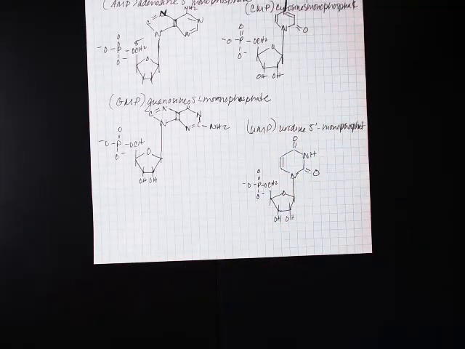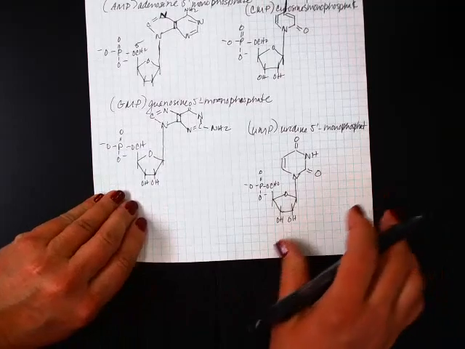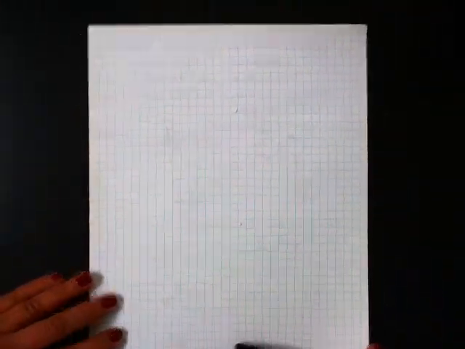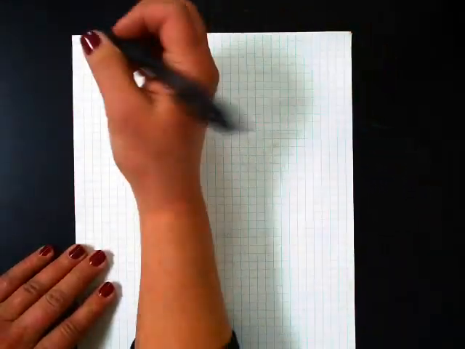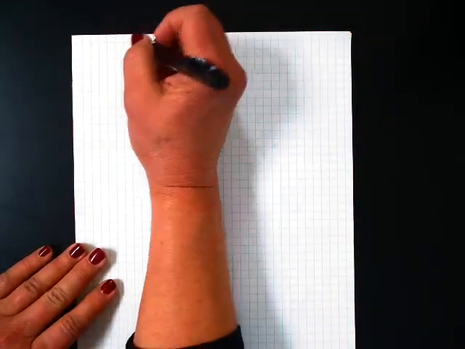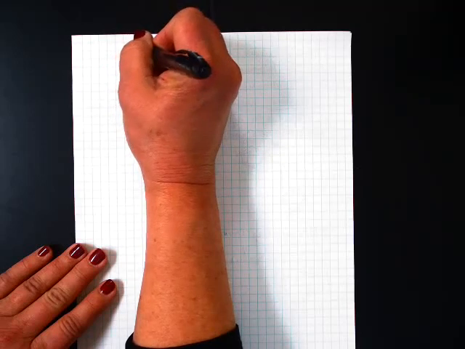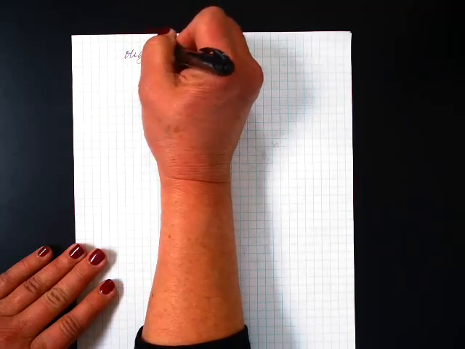So now let's take a look at the structure of an oligonucleotide, which, if asked, you should be able to draw.